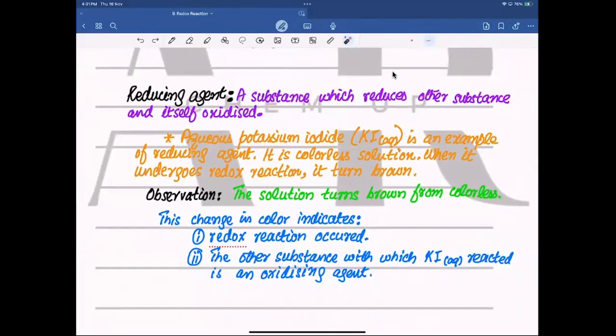Potassium permanganate is itself purple in color, and when it does redox, its color changes to colorless. Aqueous potassium iodide is itself colorless, but in the redox reaction, it turns into a brown solution, which indicates a redox reaction has occurred, and also that it reacted with an oxidizing agent because it is itself a reducing agent.